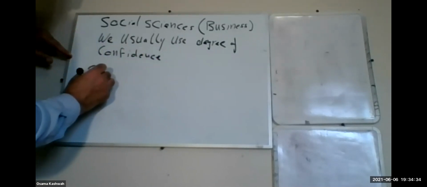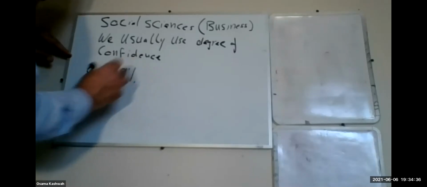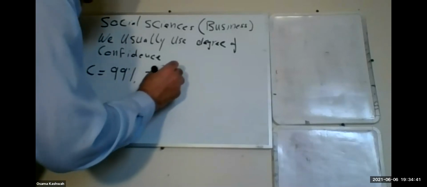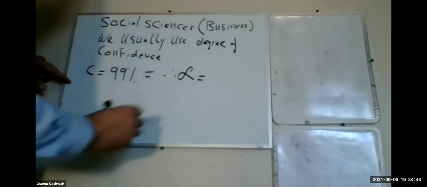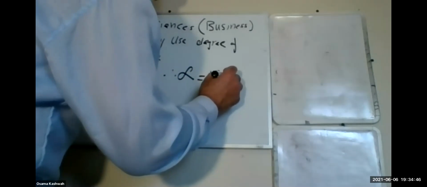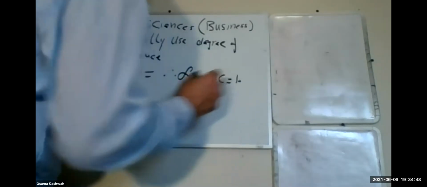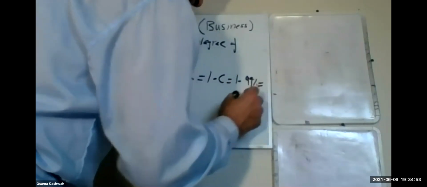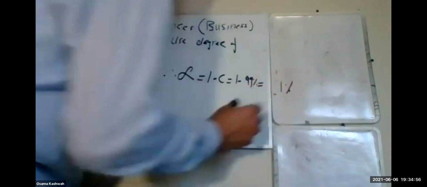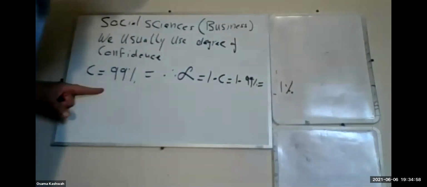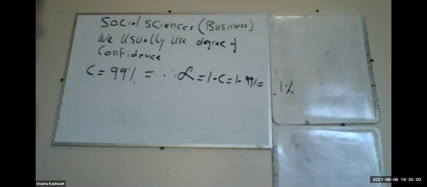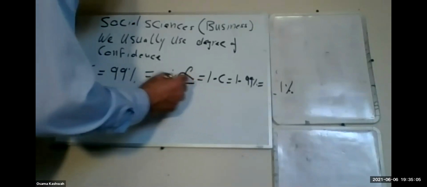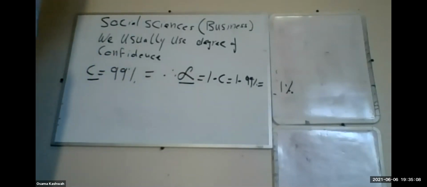When C is 99%, then alpha equals 1 minus C, equals 1 minus 99%, equals 1%. Okay? What do we mean by the confidence and what do we mean by the alpha?